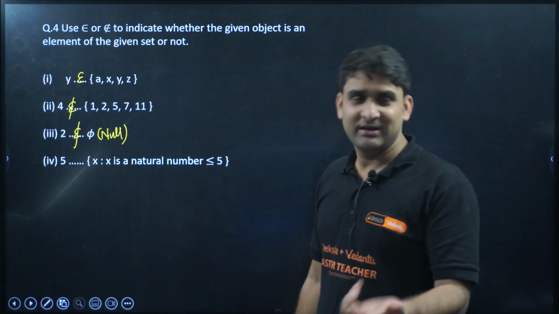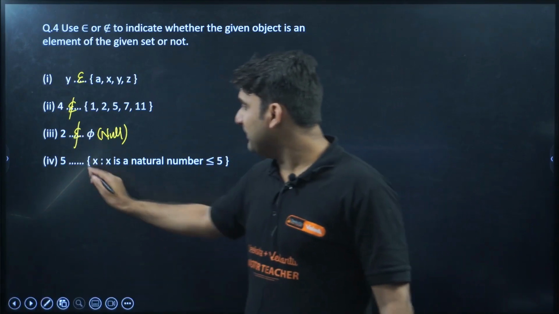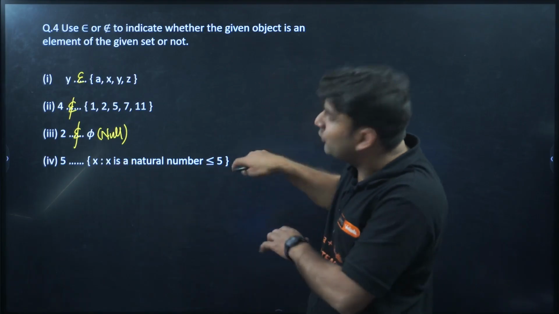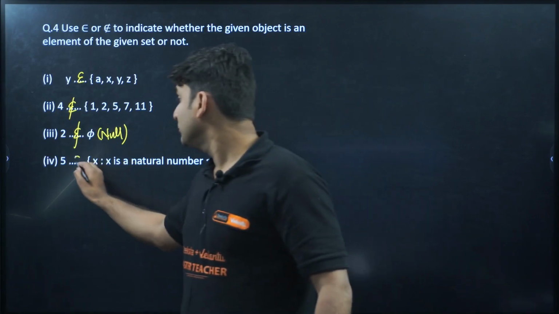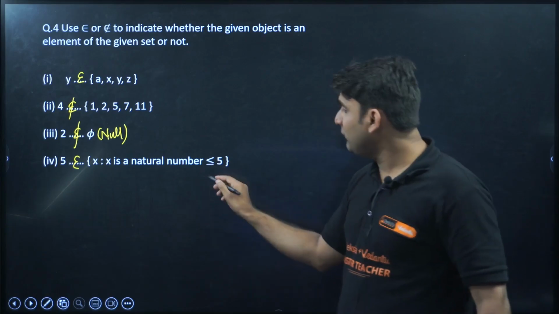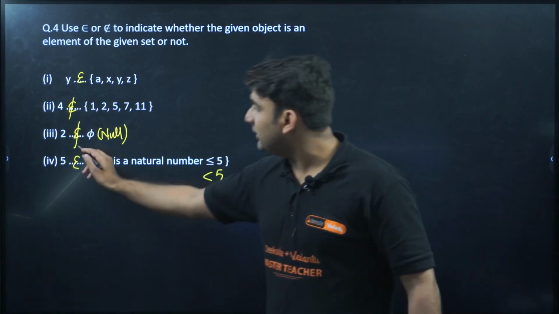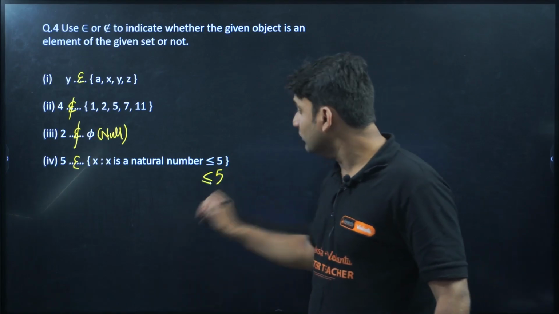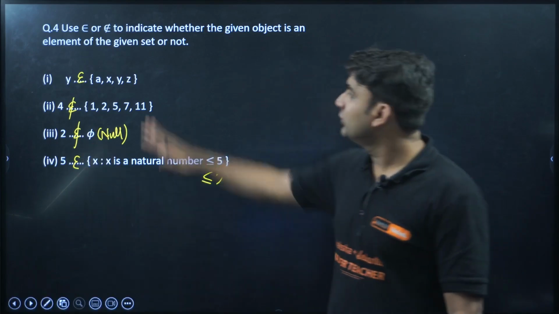Next, x such that x is a natural number less than or equal to 5. Yes, it belongs to. If it had been less than 5, it would have become not belongs to, but here it is equal to, so belongs to is the answer.